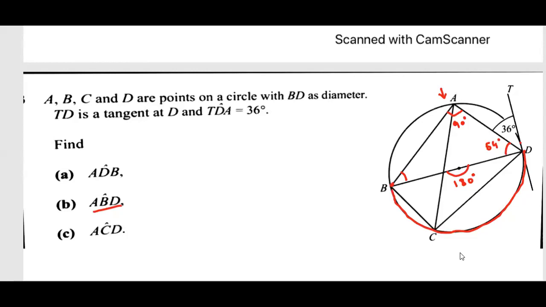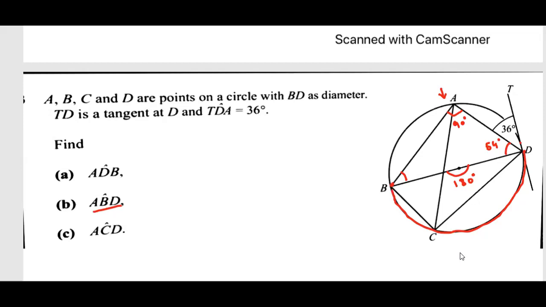In order to find angle ABD, you need to find angle A, and then you'll use the formula that the sum of angles in a triangle is 180 degrees. Why is angle A 90 degrees? Okay, so we discussed two theorems. First theorem was that if we had a triangle where one of the sides was the diameter and the opposite angle was made at the circumference, this was 90 degrees.